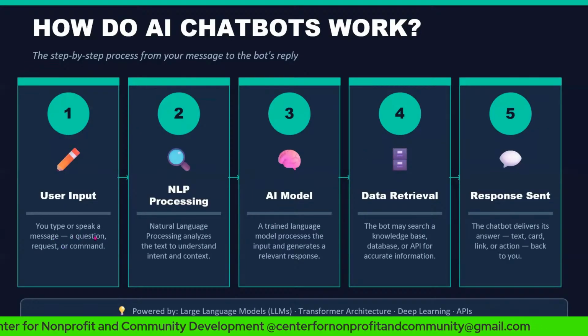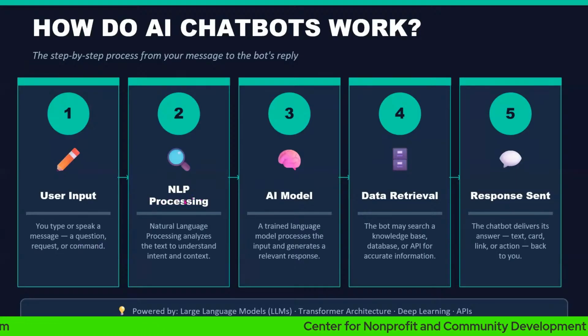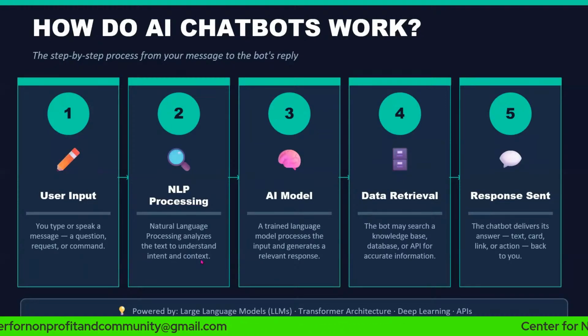You type or you speak a message, a question, a request, or a command. Second, NLP processing. That is natural language processing, analyzing the text to understand the intent and the context.